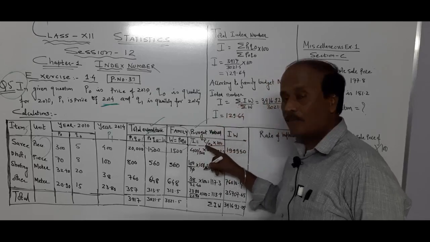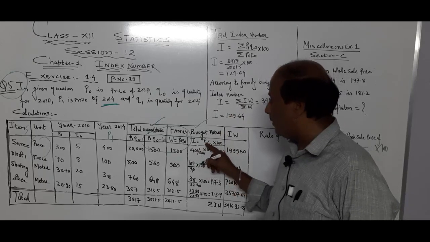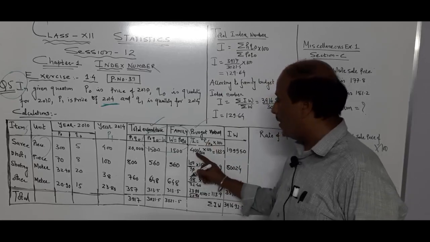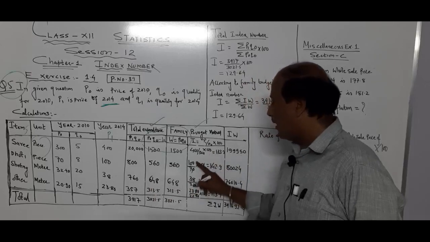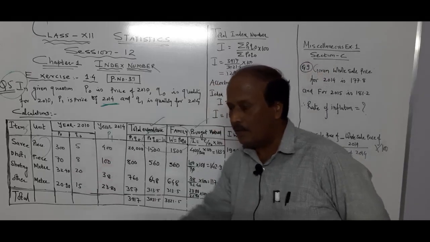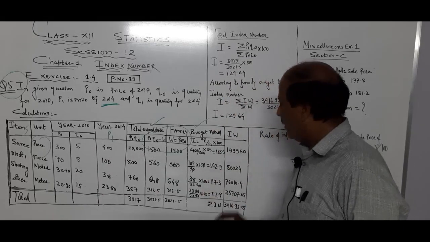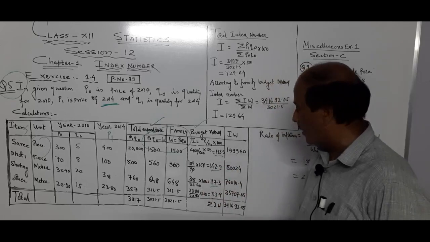When we started the chapter, we had this formula P1 by P0, means current year price divided by base year price. So 400 divided by 300 multiplied by 100, 100 divided by 70 multiplied by 100. So go on calculating this, write whatever it comes, confirm that with the help of calculator.